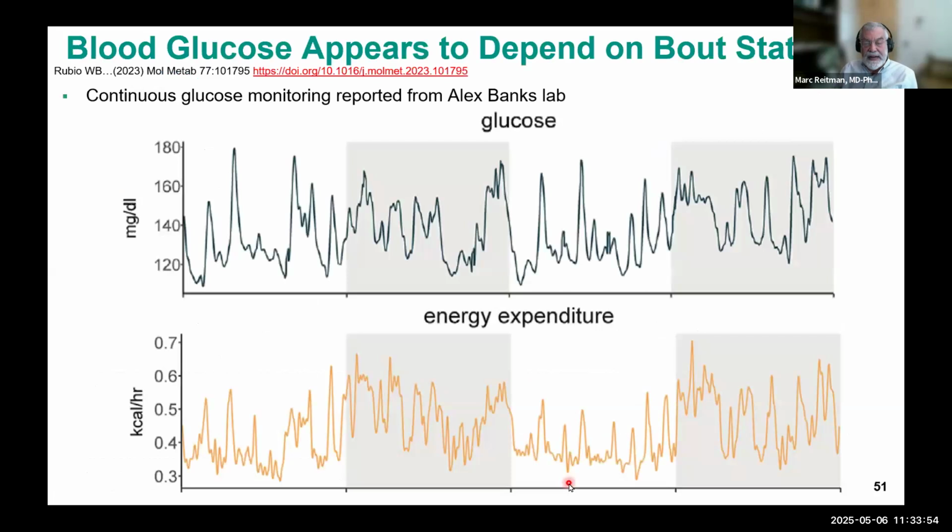So is this useful or anything? So I've given you this bout model. We were about the time when we were writing this up, and I don't think we'd submitted it yet, or maybe even submitted to the first journal that it was rejected at. And we saw a paper from Alex Banks in Molecular Metabolism, where he had done 24-hour continuous glucose monitoring in mice and also energy expenditure. And we looked at his data and go, my, that looks incredibly correlated.